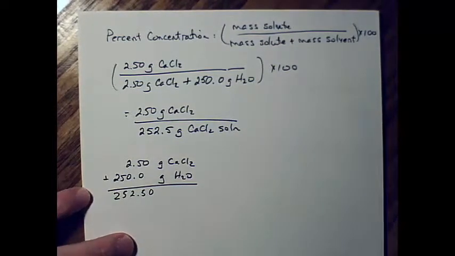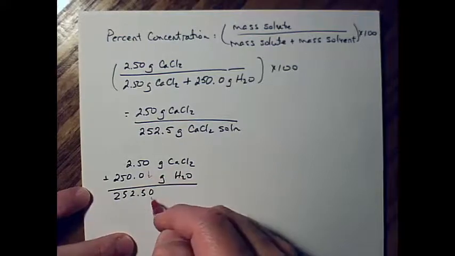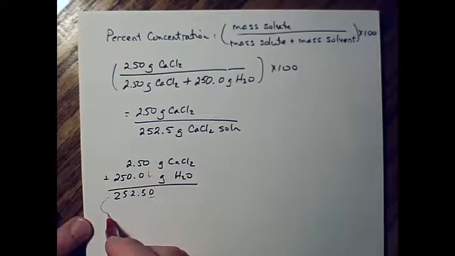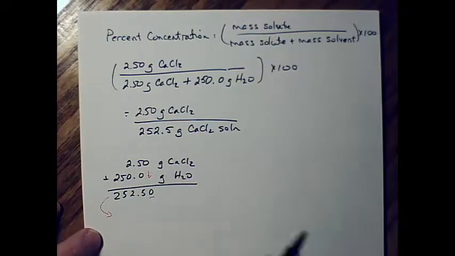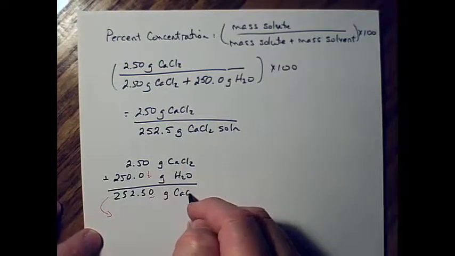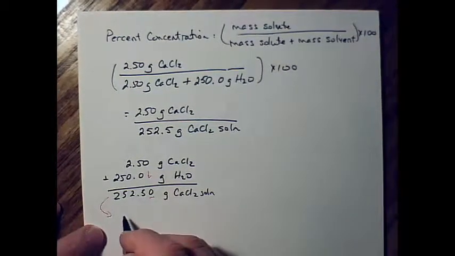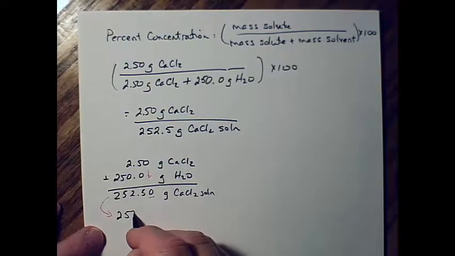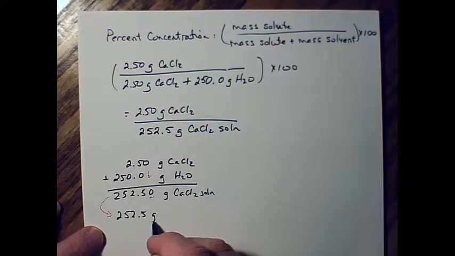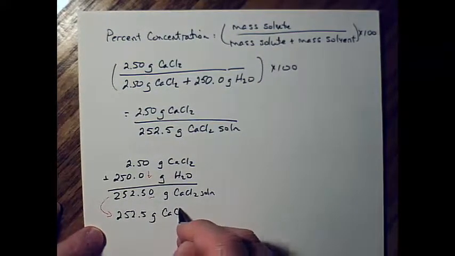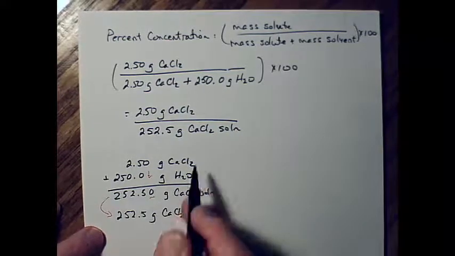And whenever there's an empty slot when you're adding or subtracting, the resulting digit is insignificant, so we've got to round that off. So this is grams of calcium chloride solution. Round it off to 252.5 grams of calcium chloride solution. And that's where we got that number from.